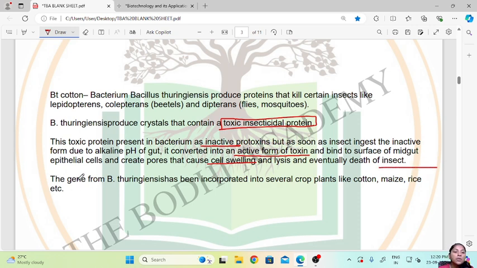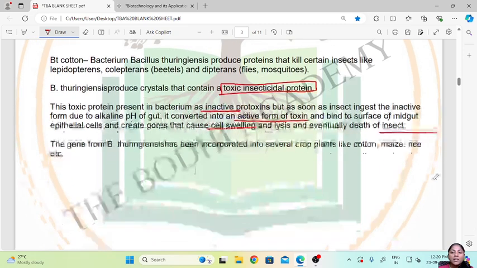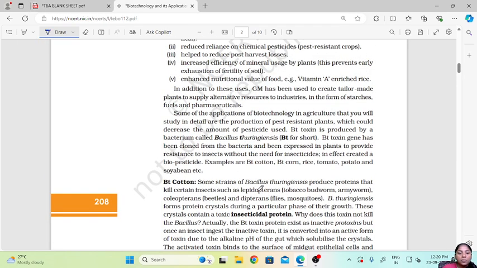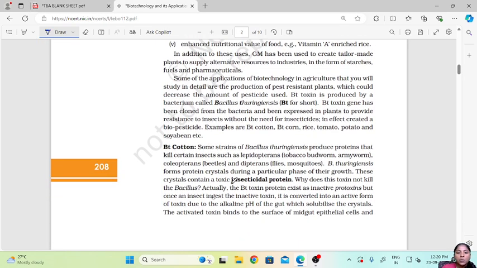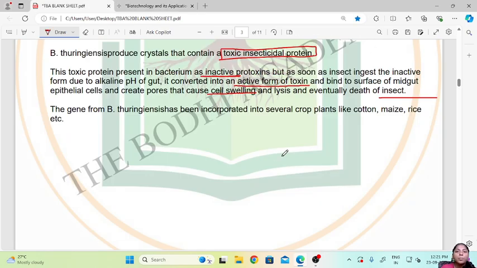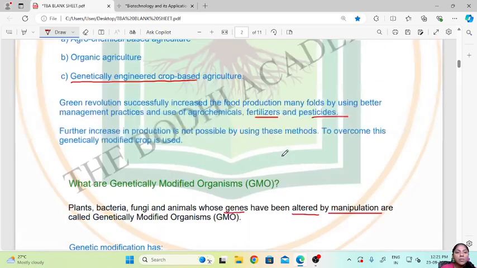The genes from Bacillus thuringiensis have been incorporated into several crop plants like maize, cotton, rice, etc. This insecticidal protein is incorporated in the crop plant so that the pests can be easily eliminated.